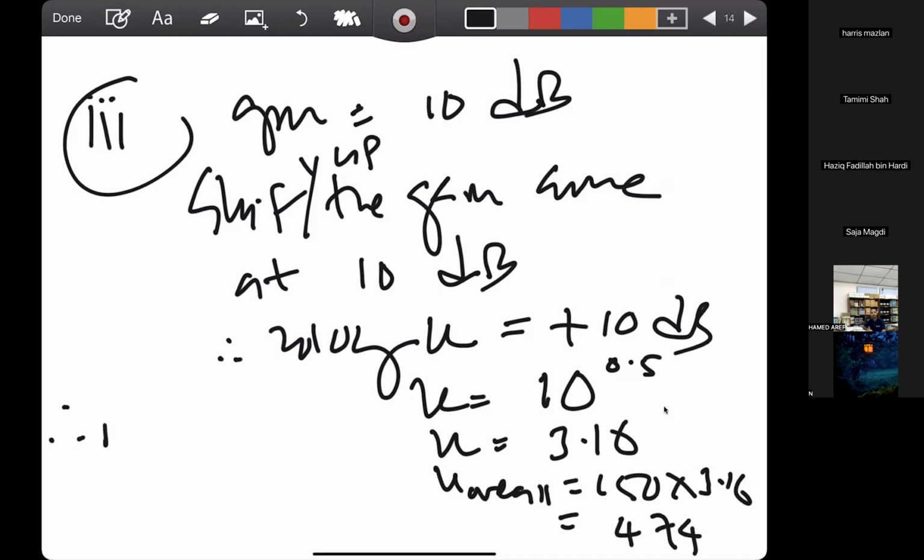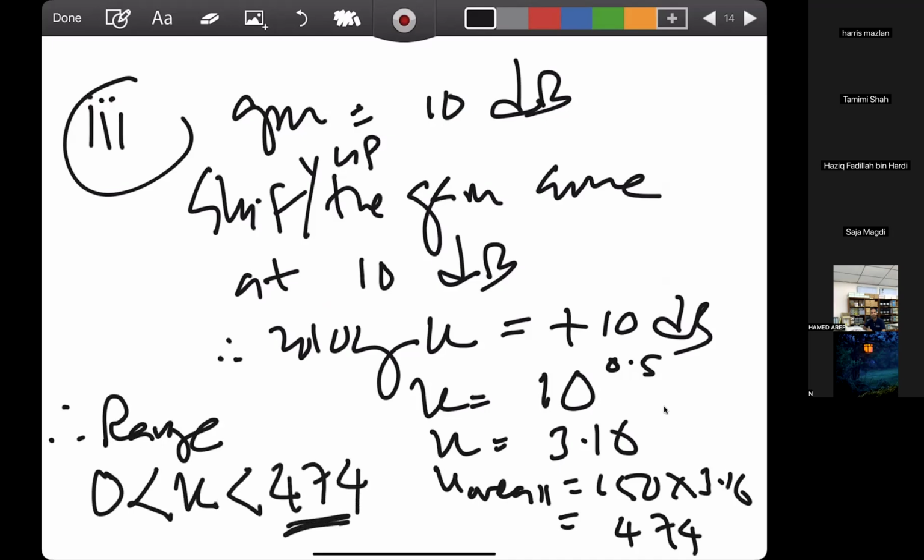So that's why the range is 0 to K 474, where 474 is K critical.